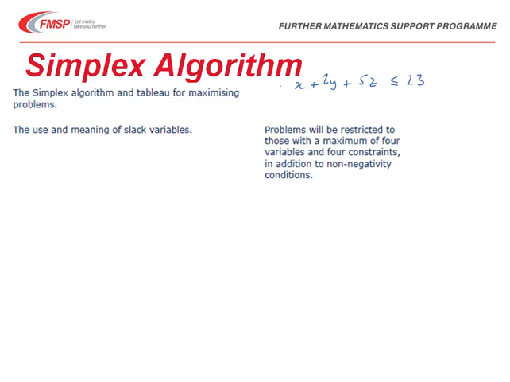Slack variables allow that to be written as an equality. So if we introduce a slack variable r, we get x plus 2y plus 5z plus r is equal to 23. And it's these which are written into the Simplex Tableau.